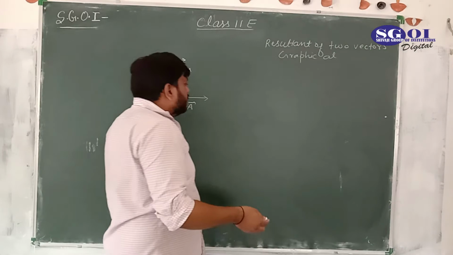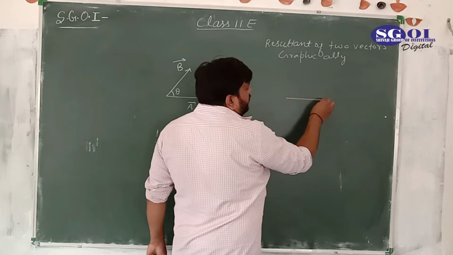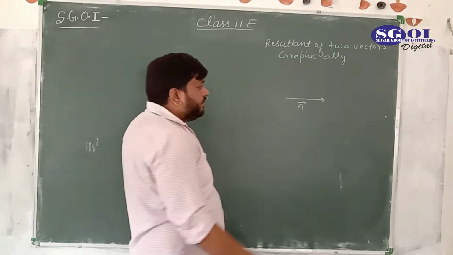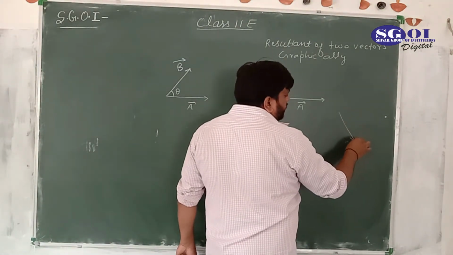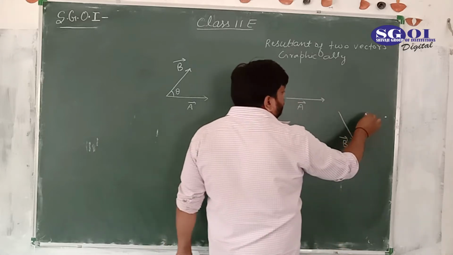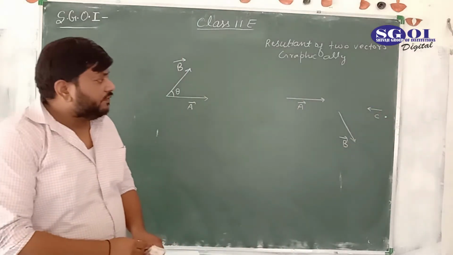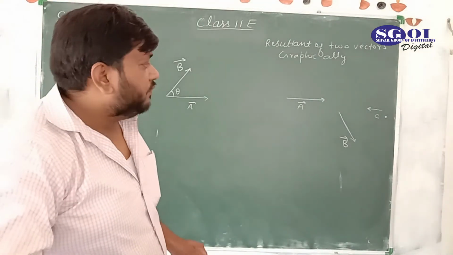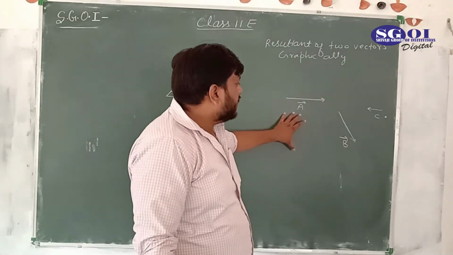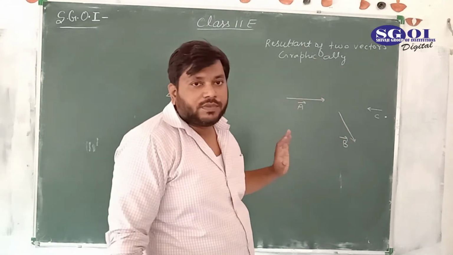Suppose we have a vector named A. Now we have another vector, like this. This is the vector B. We have another vector, vector C. And we want to find the vector addition, or resultant, of all these vectors graphically.